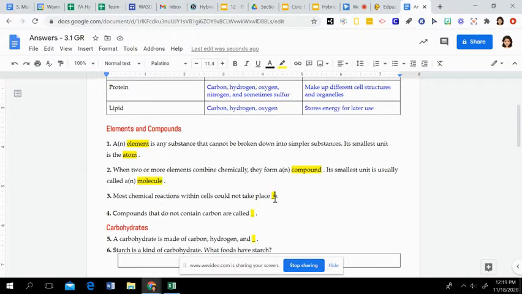Most chemical reactions within cells could not take place without water. And then compounds that do not contain carbon are called inorganic compounds.